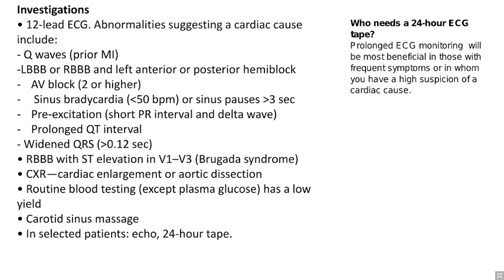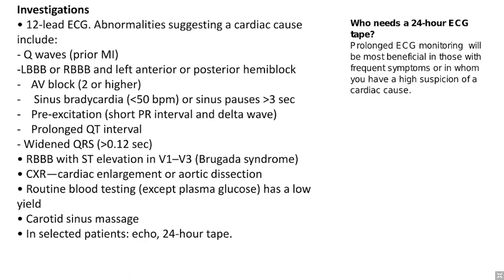for syncope. Pre-excitation syndrome if short PR interval and delta wave are present on ECG, which we call Wolff-Parkinson-White syndrome. Prolonged QT interval if QRS complex is more than 0.12 seconds, we see also this may be in patients with structural heart disease.